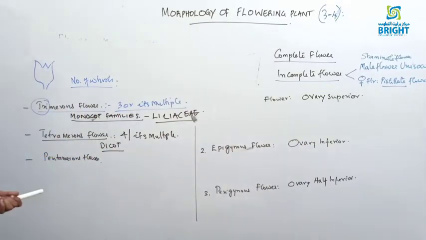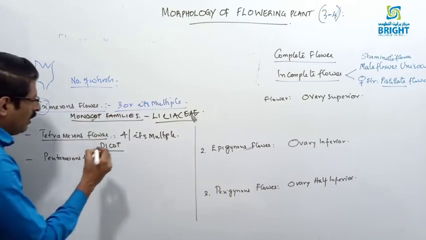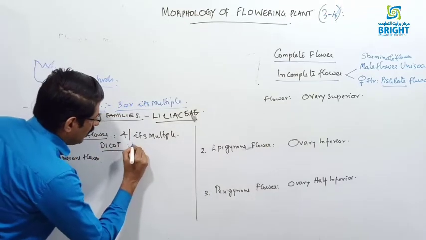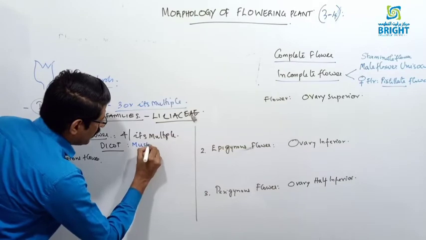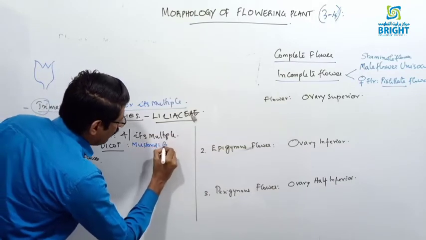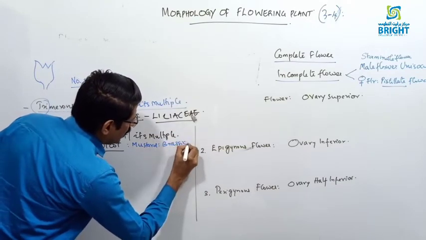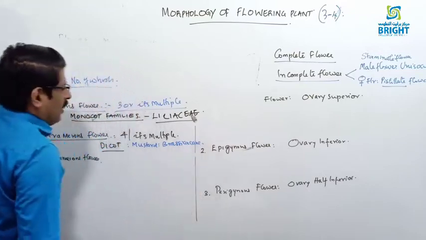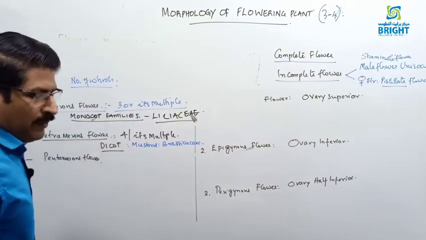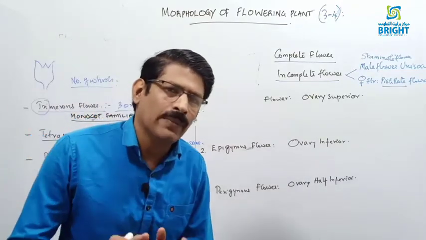One example we are studying as part of NCERT is mustard, belonging to the family Brassicaceae. Brassicaceae is an example for tetramerous flower.